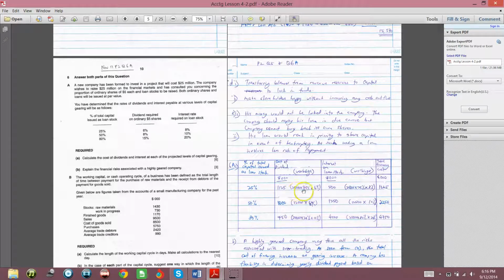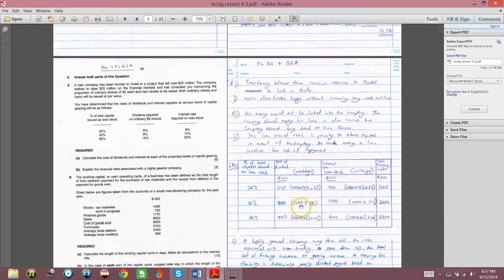Then ordinary shares: 25% by loan stock, 75% by ordinary shares. On ordinary shares, we will pay dividend. So 25 million times 75% times 6%, 1,125. After you know what is happening, it will be easy. So here, 50%.